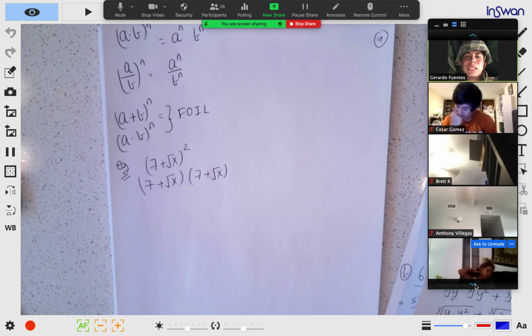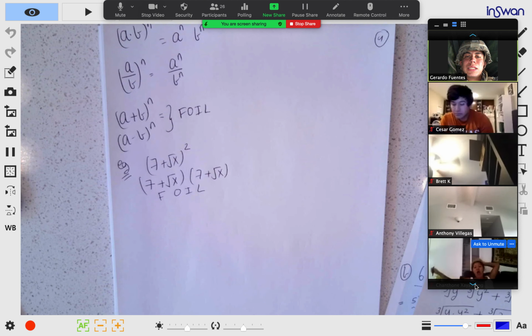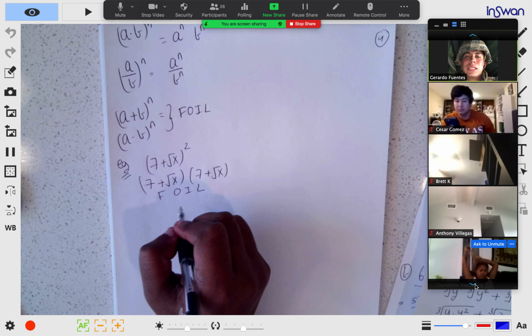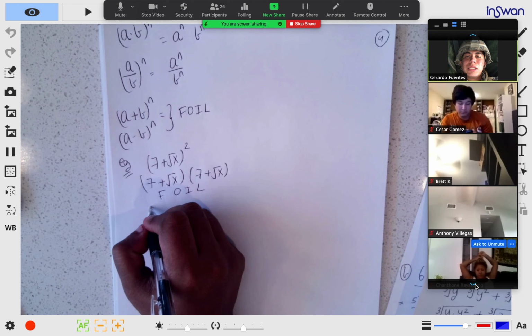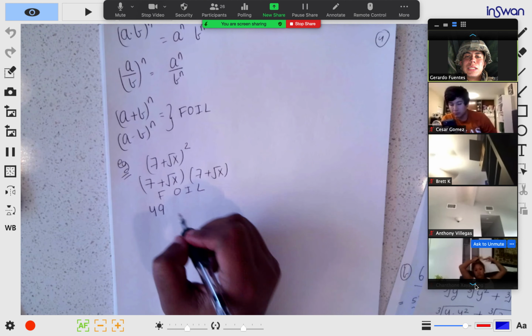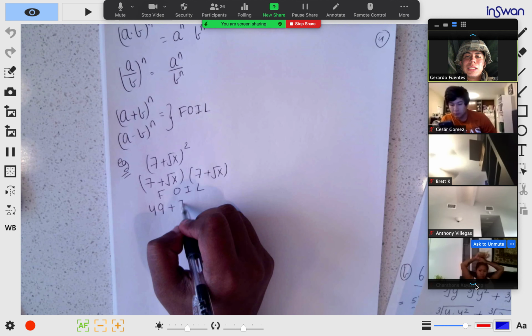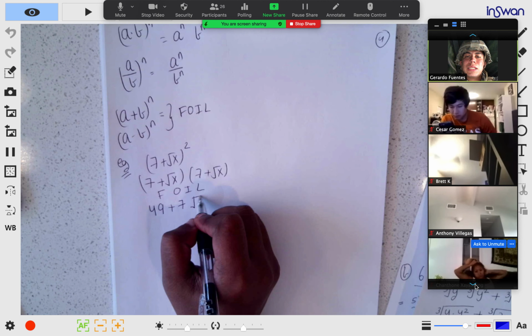And then you're gonna do the FOIL method, but I kind of just distribute it. What do you get when you distribute? So it's gonna do 7 times 7, which is 49. And you're gonna do 7 times square root of x, which is 7 square root x. Correct.